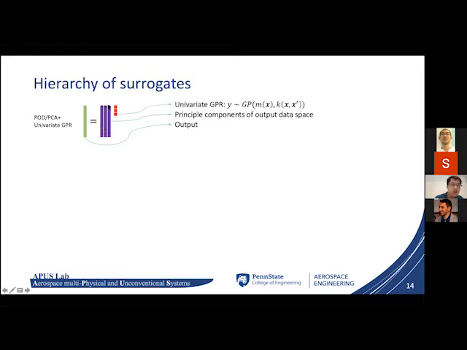And then we multiply these modes with our Gaussian process models. They are just a few scalar GPRs that are independent from each other. And here you can think of these GPRs as the modal coordinates of these principal components, or typically in the field we call those POD, but it's essentially the same thing.